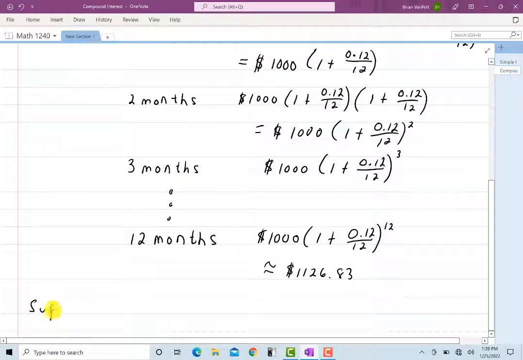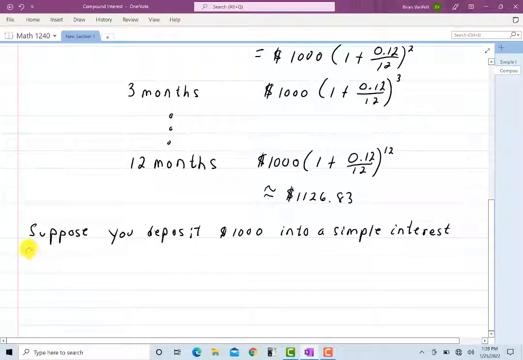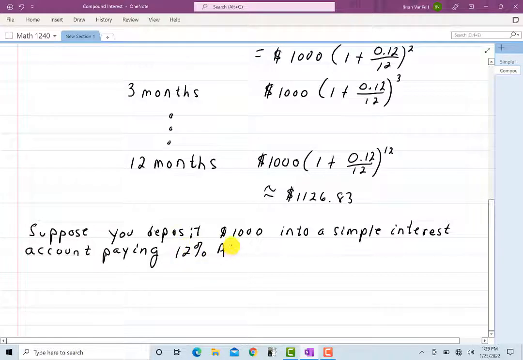So suppose you deposit $1,000 into a simple interest account, paying 12% APR.